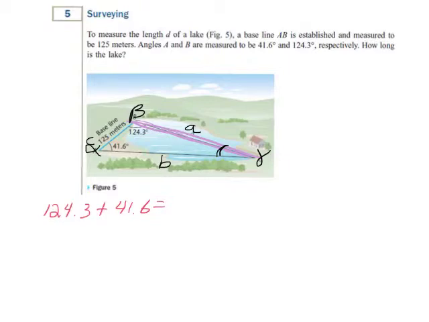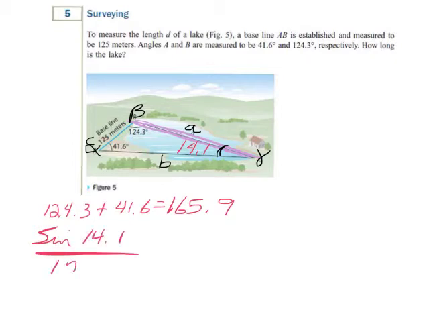Hold on. All right, that equals 165.9. And then I want to subtract that from 180 to get that this one is 14.1. So I'm going to do the sine of 14.1 over 125 is equal to the sine of 41.6 over A.